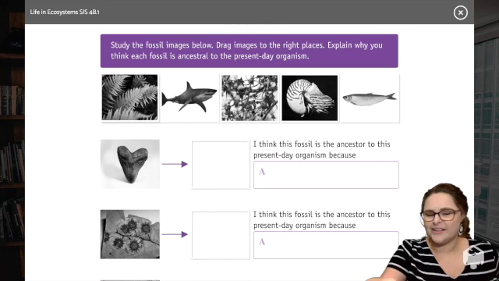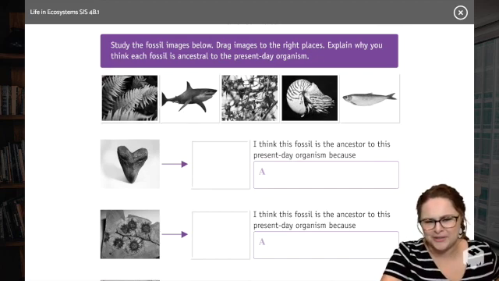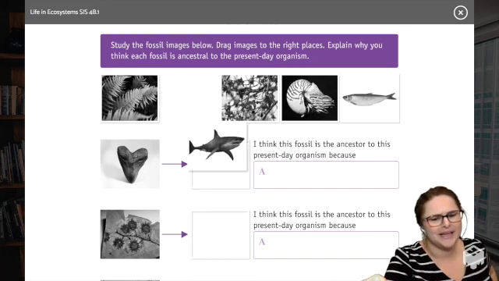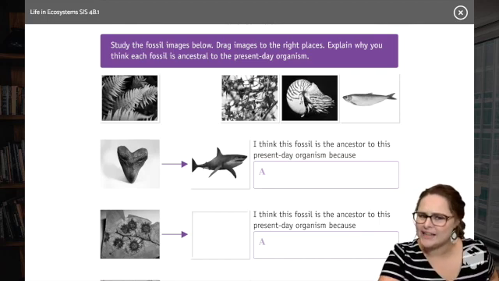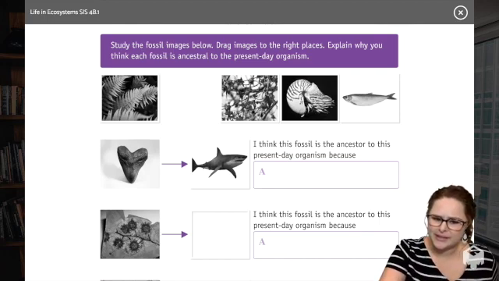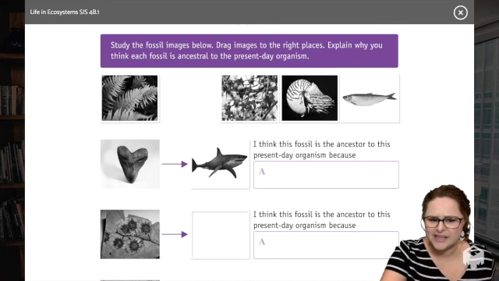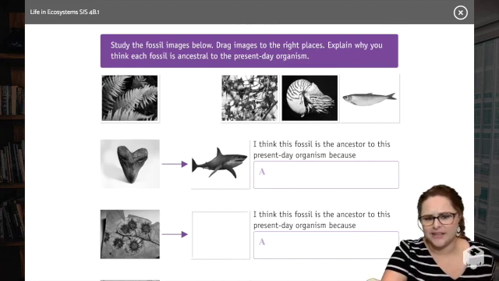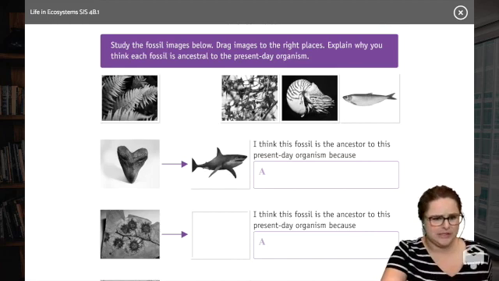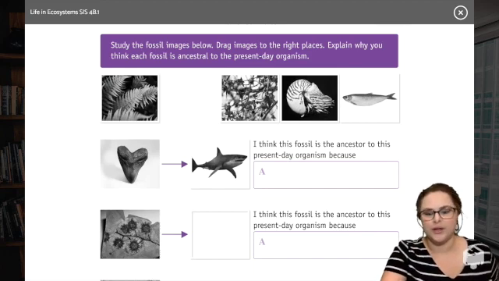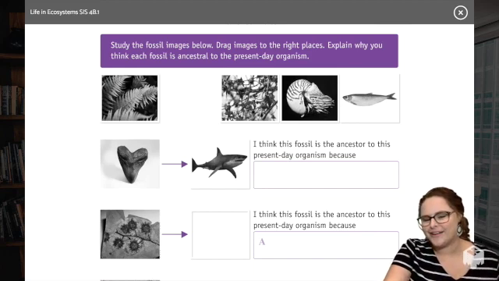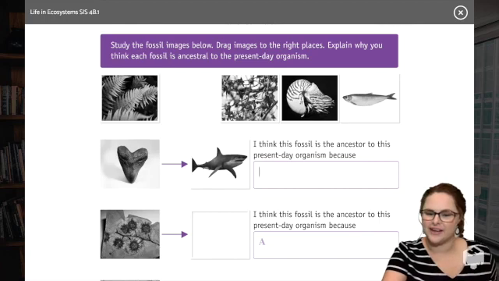So I'm thinking that this one here might be a shark tooth. So I'm going to go ahead and pull down this shark as an example of its current relative. So this is what its ancestor might have had, and then its current relative. This tooth to me seems very large, and we have been talking about the megalodon in my class, so I find that kind of funny.